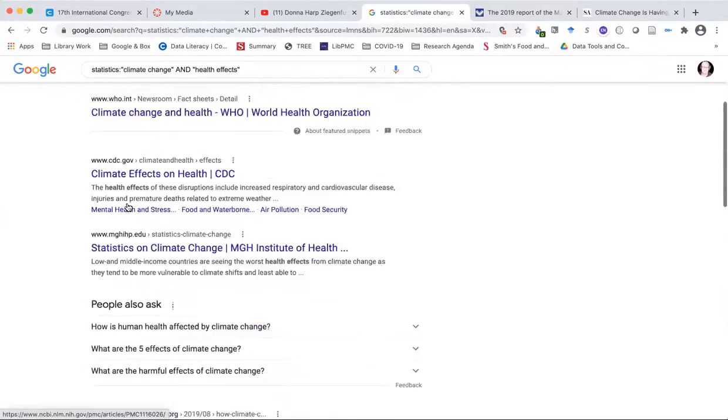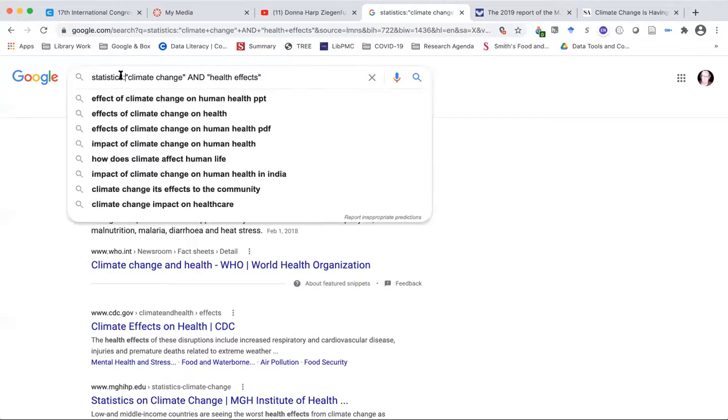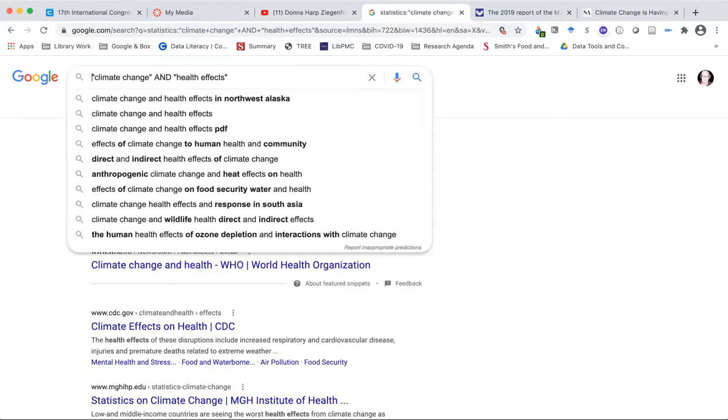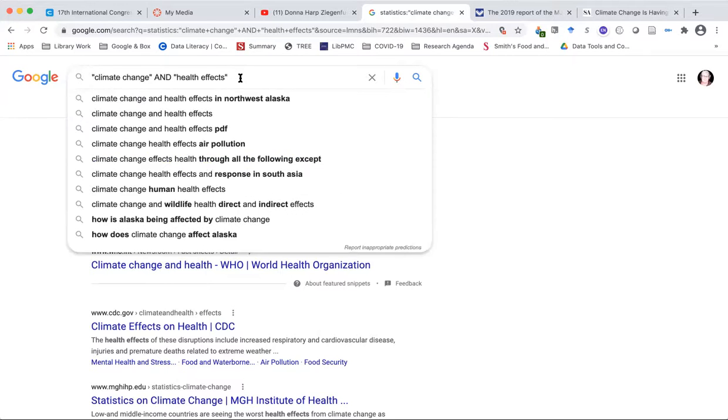I use the pdf colon a lot, because a lot of times you'll find gray literature, a preprint. Someone published a paper that wasn't peer reviewed, and then they went on to publish a peer reviewed article. So it's a really good resource, and you bypass all of that other stuff. So I'm going to get rid of the colon and show you how many do we have here? 79,000 using PDF.